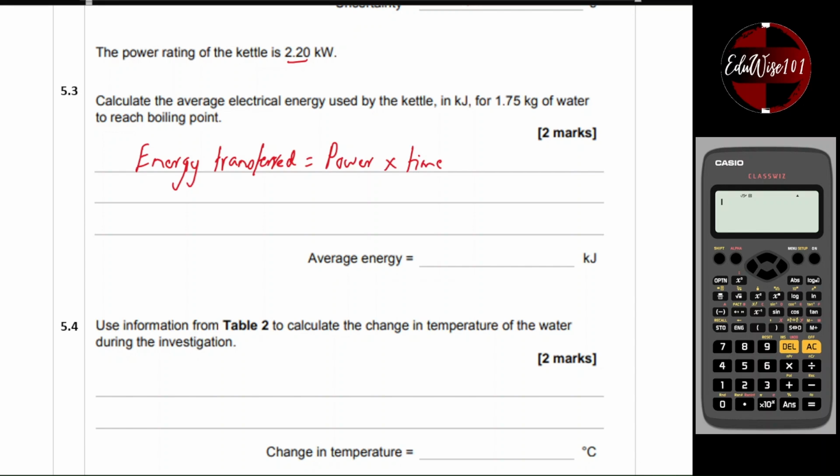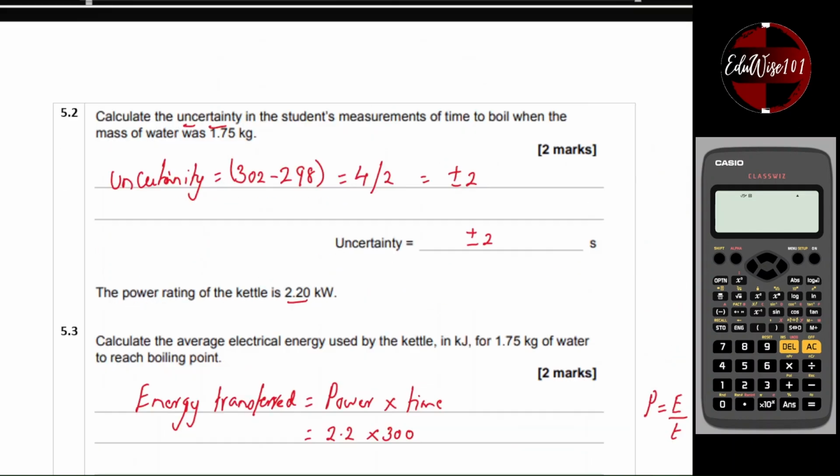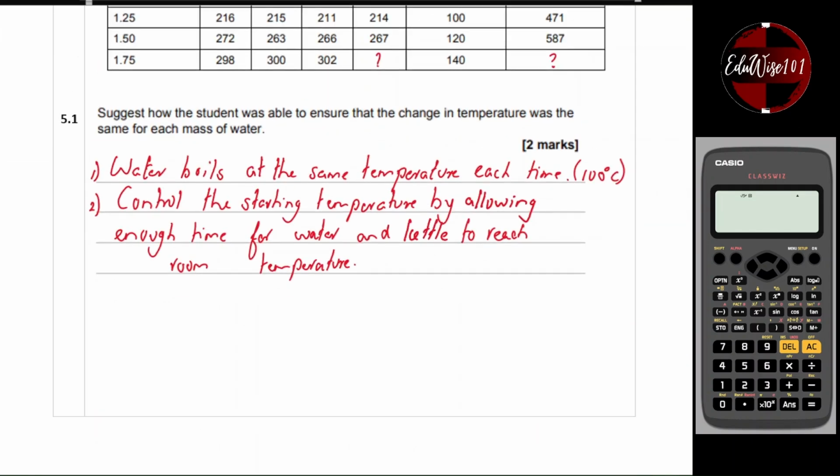This comes from the equation power equals energy transferred divided by the time. So the power is 2.2 multiplied by 300. Where am I getting 300 from? If I find the mean for 1.75, it's going to be 300. So the mean would be 300 there.